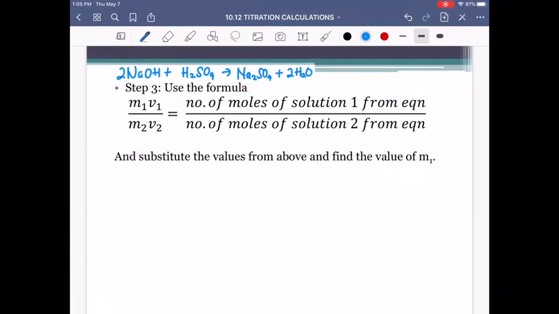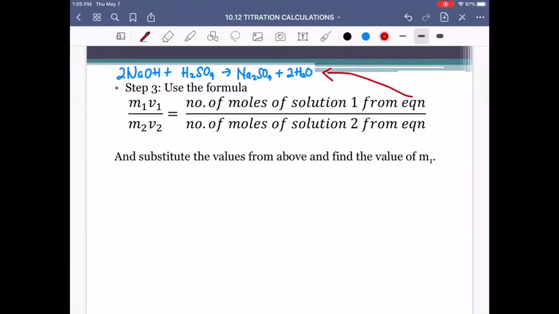Step 3, use this formula: M1V1 over M2V2 is equal to the number of moles of solution 1 from your chemical equation, which must be balanced, divided by the number of moles of solution 2 from the chemical equation. If you're not sure which equation this is, it is your chemical equation from step 1.